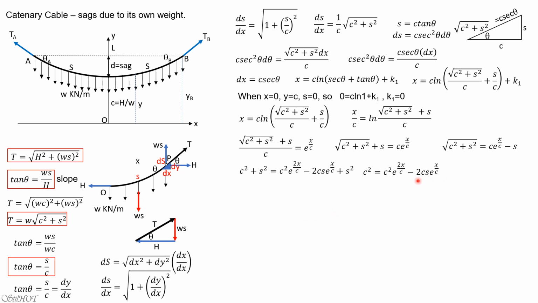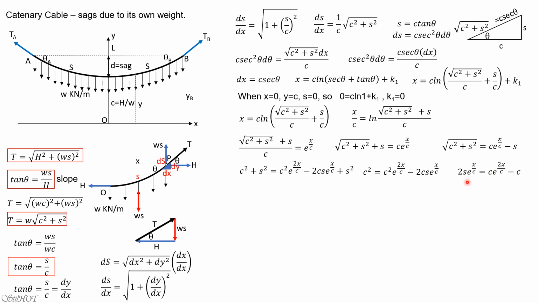Transpose this negative 2cs e to the x over c, but before that, divide everything by c, transpose also c squared to the right. So we have 2s e to the x over c equals c e to the 2x over c minus c after we divide everything by c and simplify.